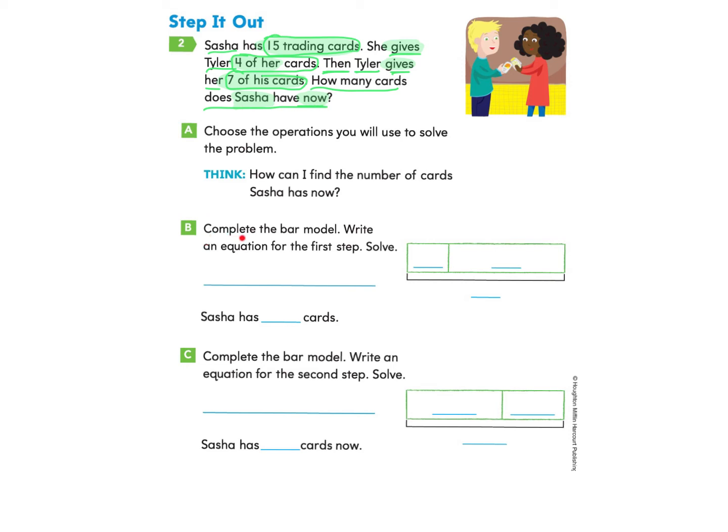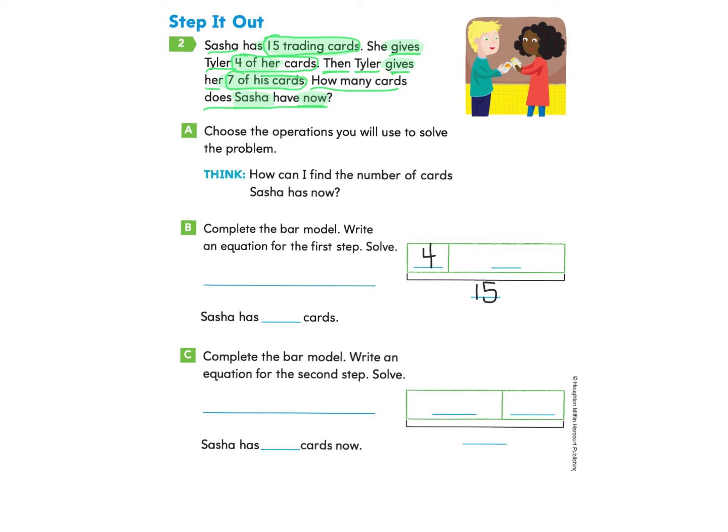First, it asks us to complete the bar model. Write an equation for the first step and solve. Okay, so we know that Sasha first had 15 cards. So that was the total amount of cards. So let's go ahead and write that here. This is what we know she had. She had 15. And then we were told that she gave how many cards to Tyler? 4. So we are going to write that 4 here.